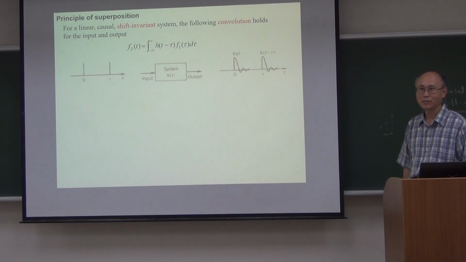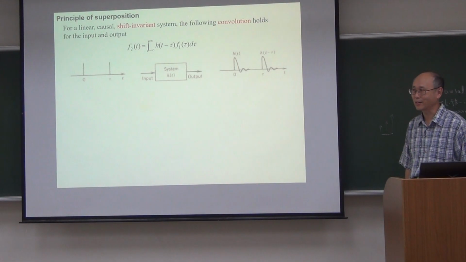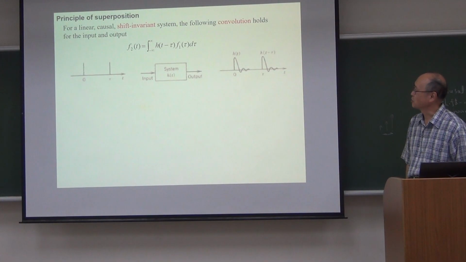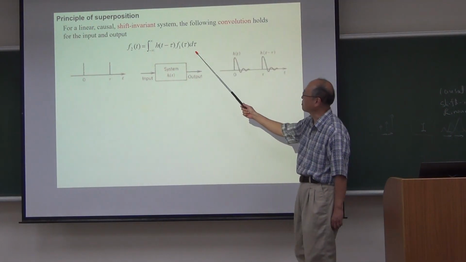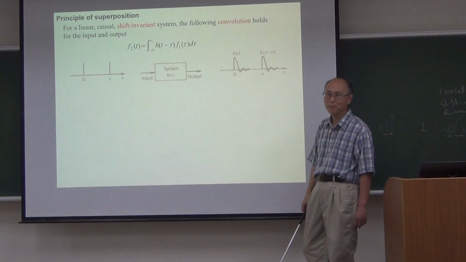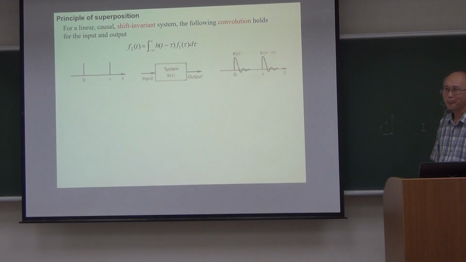I hope this is now just common sense to you. It's not difficult, right? And so we have a tool to calculate the output based on the impulse response of the linear system.